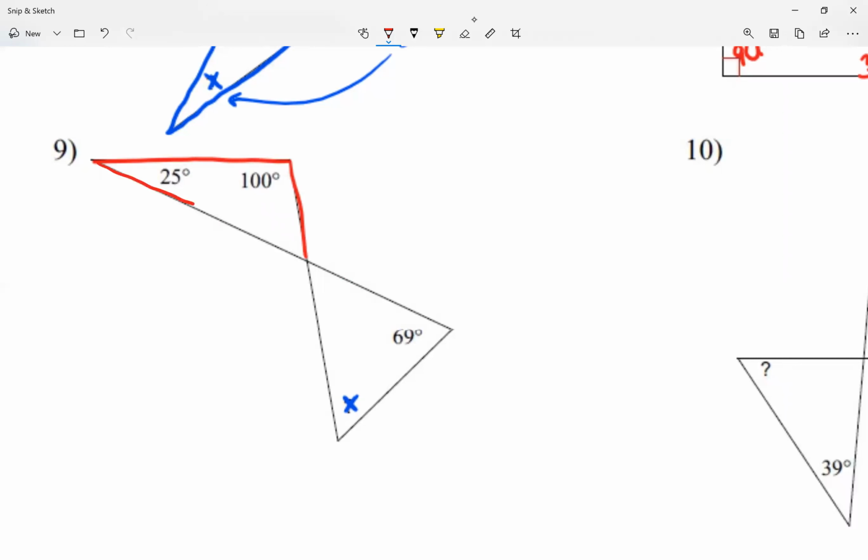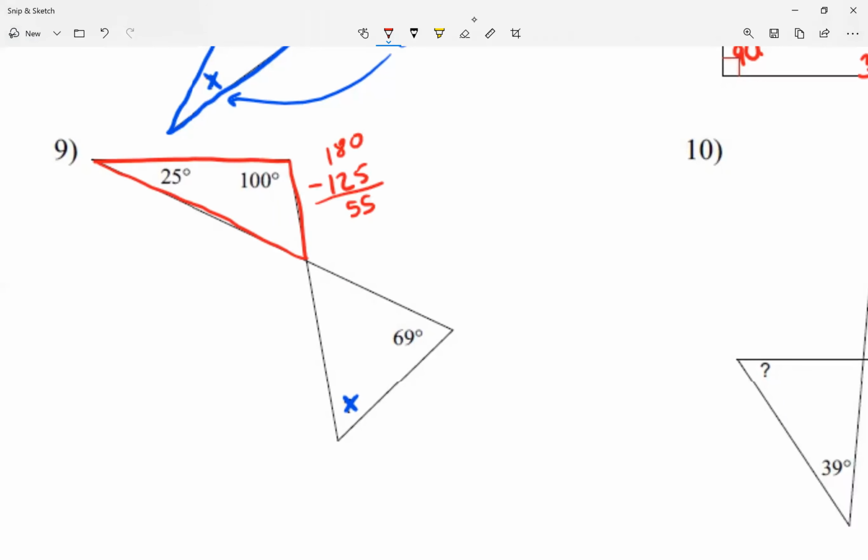So I'm looking at this triangle. I know two angles of that triangle, 25 and 100. If I add them up, it's 125. Right? I added those two angles. And then let me subtract this from 180. 180 minus 125, I know it's 55.